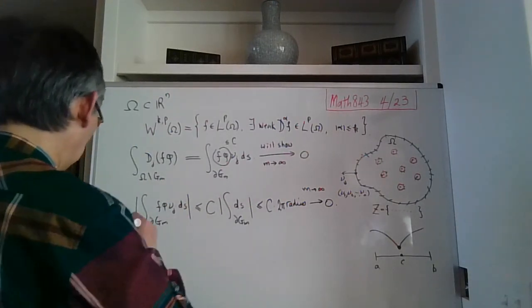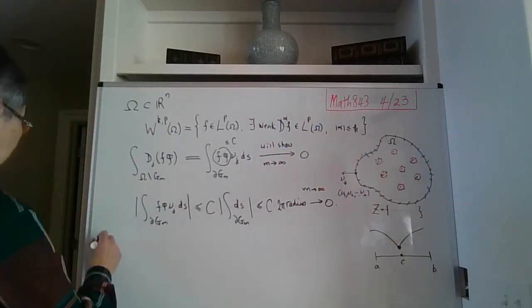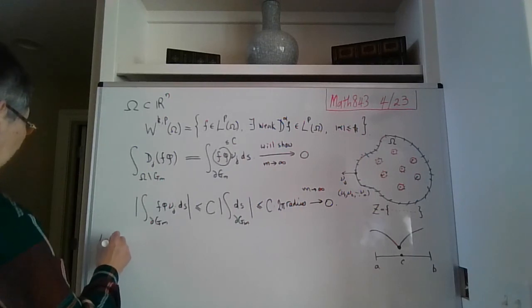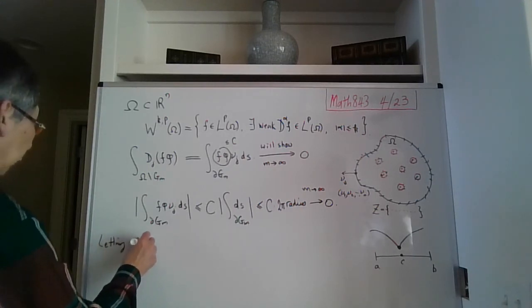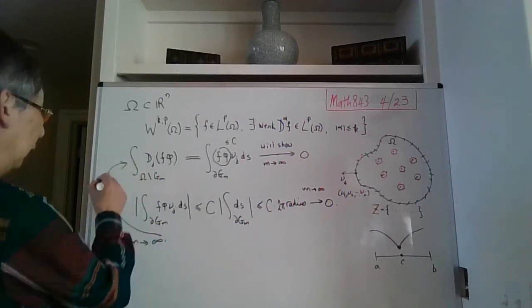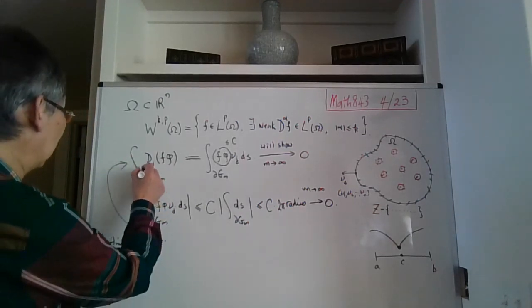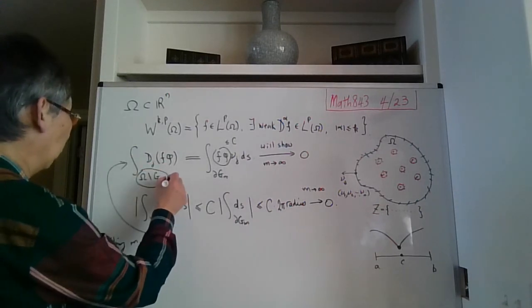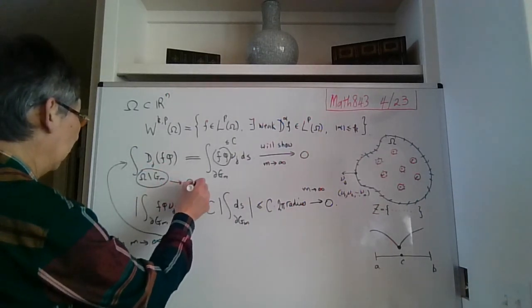So therefore, you can see, letting m go to infinity, on this left side, this domain, what goes to what? What goes to omega, right? What goes to omega.